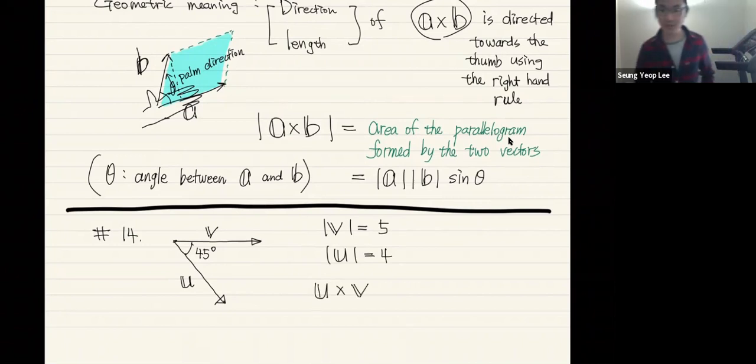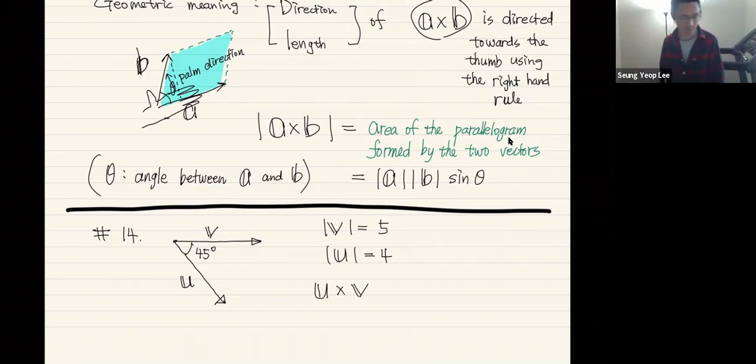So that's the vector which is perpendicular to both u and v, meaning that it should be coming out of the paper or going into the paper. Which one? That's the question. Does this vector u cross v go into the paper or come out of the paper towards you?